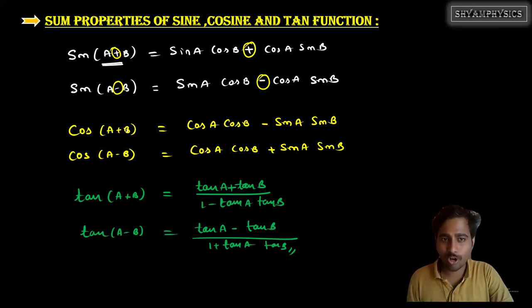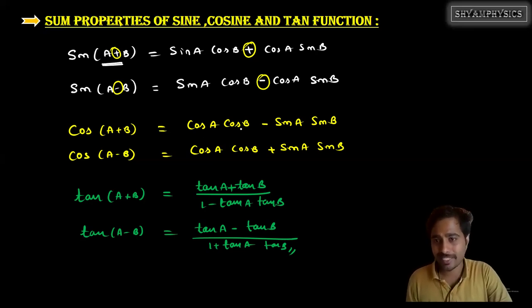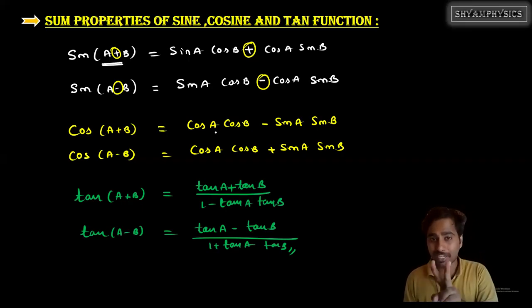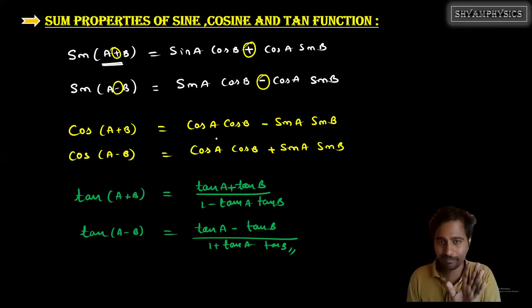And cos of a plus b means cos a cos b. Look, one thing: when cos comes, the first multiplication will be cos with respect to a and b. If sine comes, it will be sine cos. Cos of a plus b means cos a cos b minus sin a sin b. These are standard formulas. Cos of a minus b means cos a cos b plus sin a sin b.